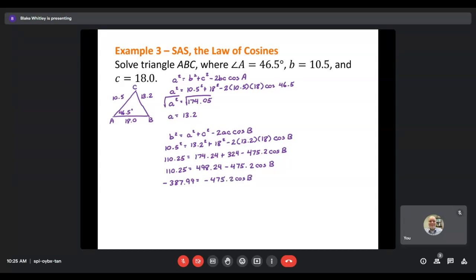And now we divide. So we have negative 387.99 over negative 475.2. And we use our inverse cosine now.